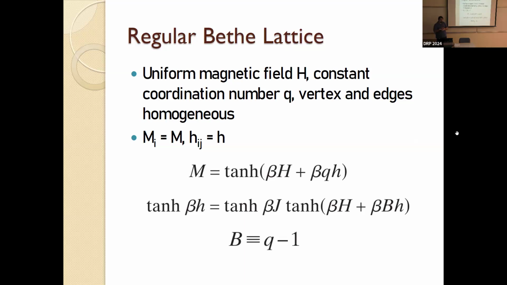So, if we apply this Bethe-Peierls approximation to a regular Bethe lattice, that is, we have a uniform magnetic field H, constant coordination number, constant degree q, homogeneous vertices and edges, we reach this given result for the magnetization, which is very cool. We have figured out at least some sort of network using a Bethe-Peierls approximation.